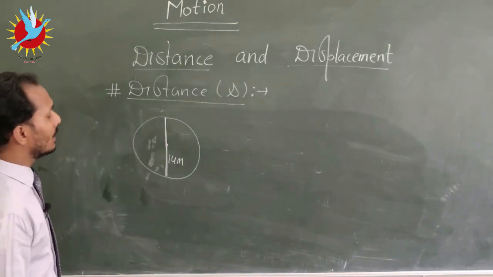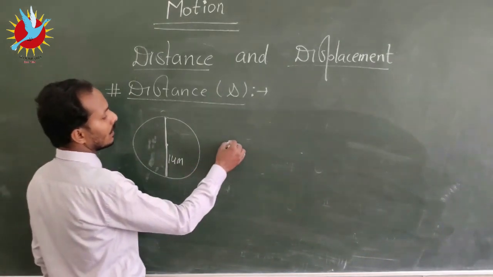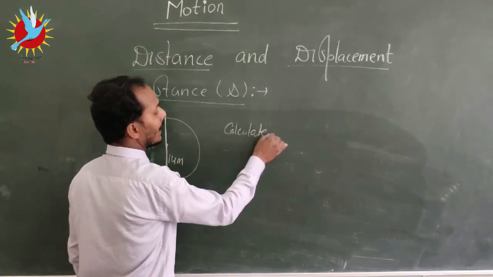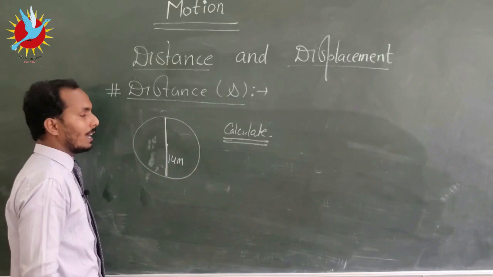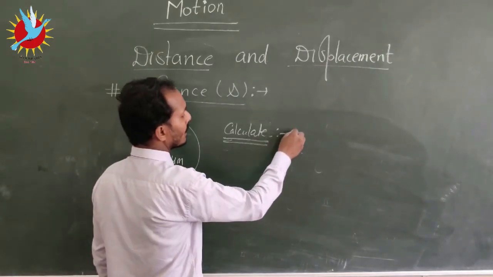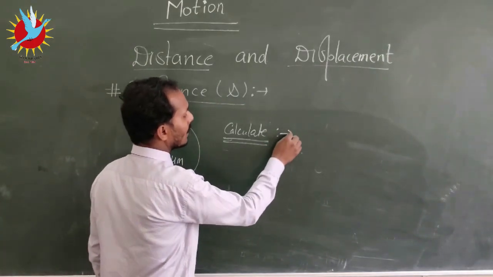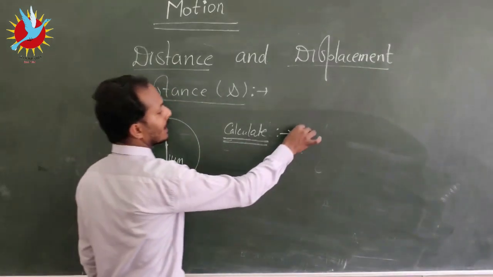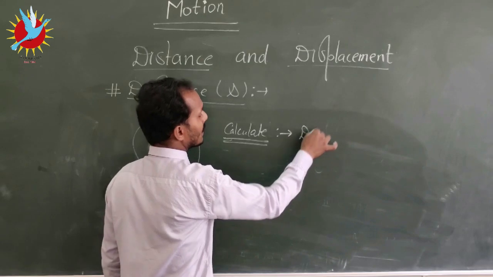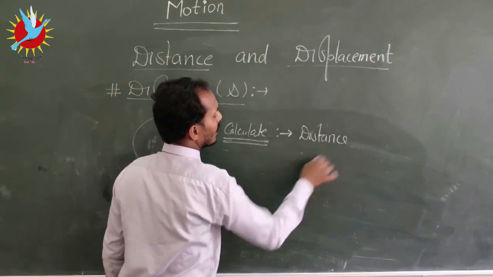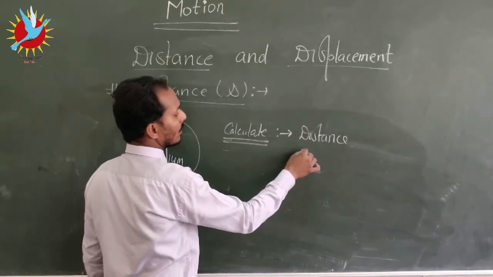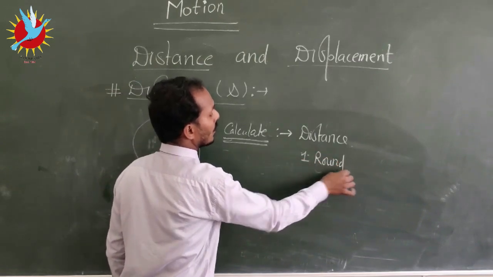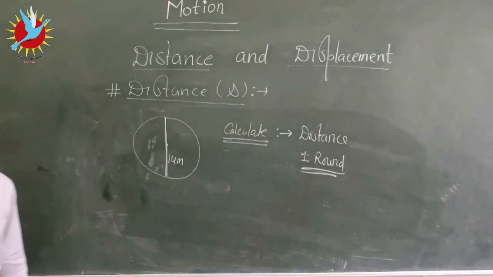Then calculate the actual path covered by the athlete, that is, calculate the actual distance of one round.